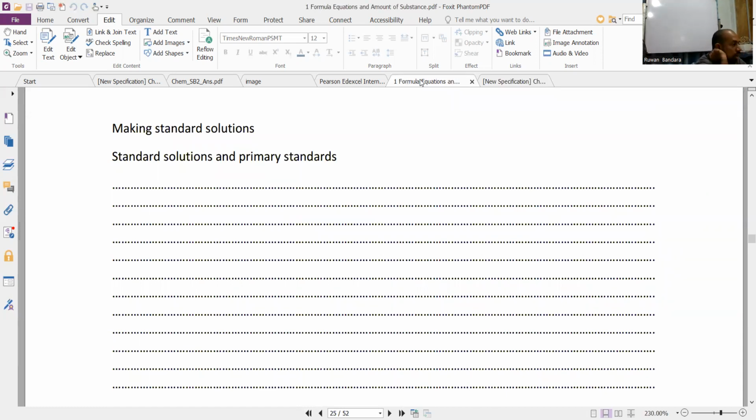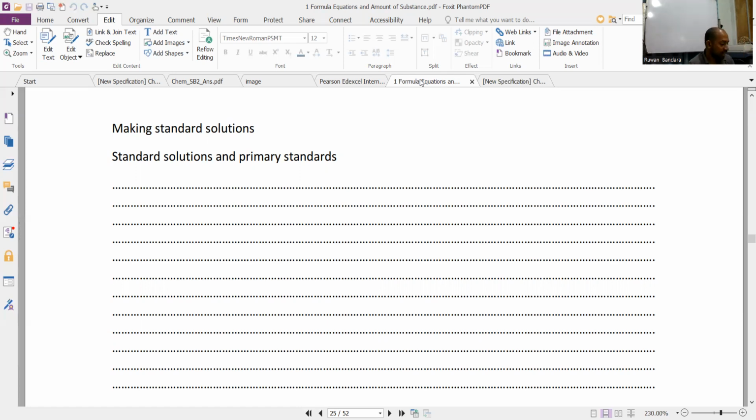I'm reading from the beginning. Standard solution is a solution whose concentration is accurately known.